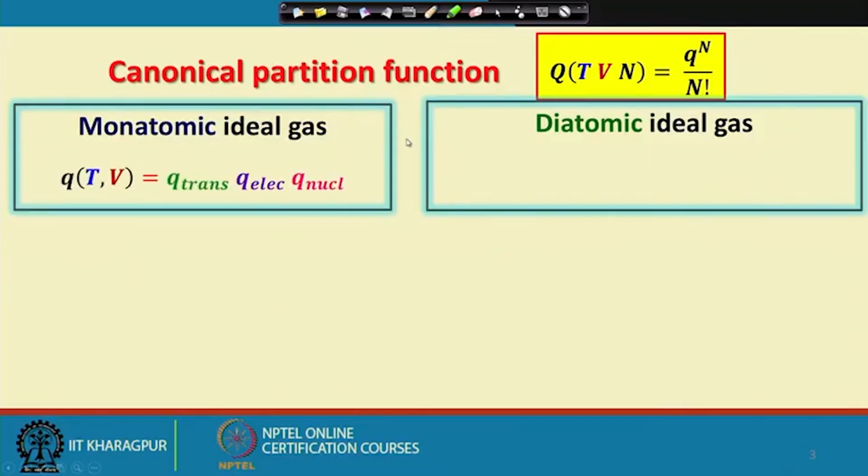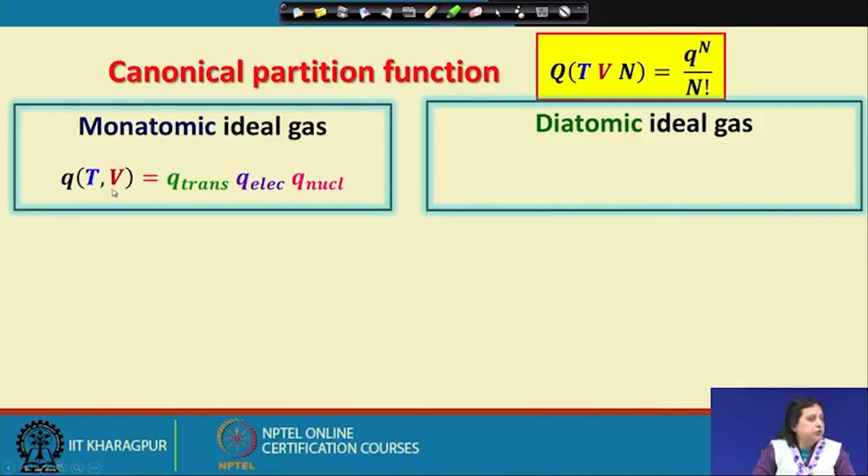In the case of the monatomic ideal gas, we have been able to show that the small q derives contributions from three distinct factors. One is the translational partition function for the single particle, the electronic partition function for the single particle, as well as the nuclear partition function for the single particle.